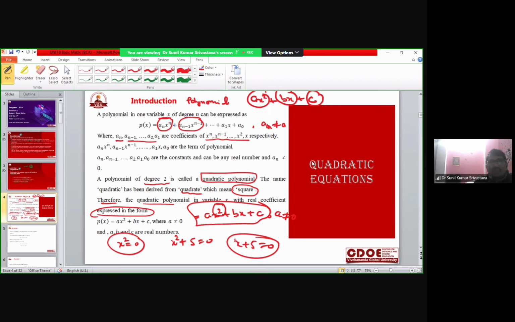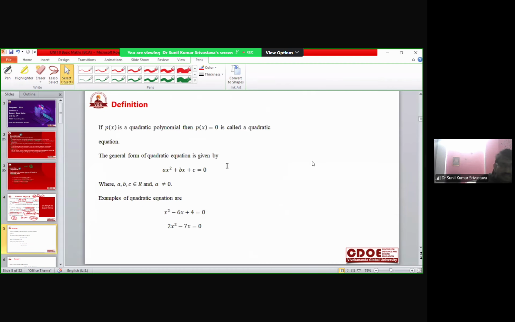So any polynomial expression in the variable x with degree 2 is known as a quadratic polynomial. We can also describe it in detail. Any polynomial in the variable x with degree 2 has the form ax square plus bx plus c.